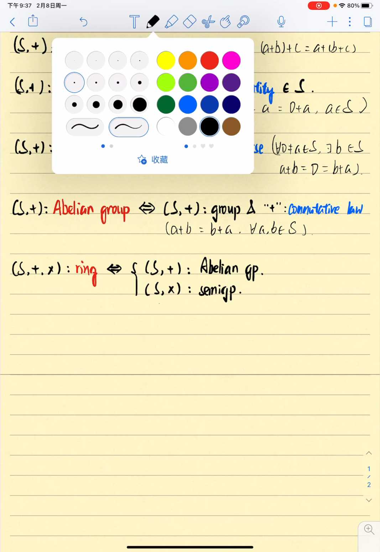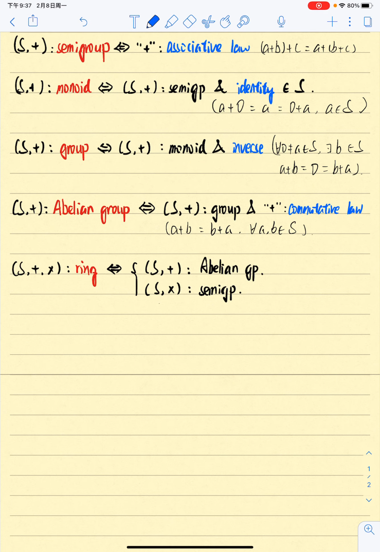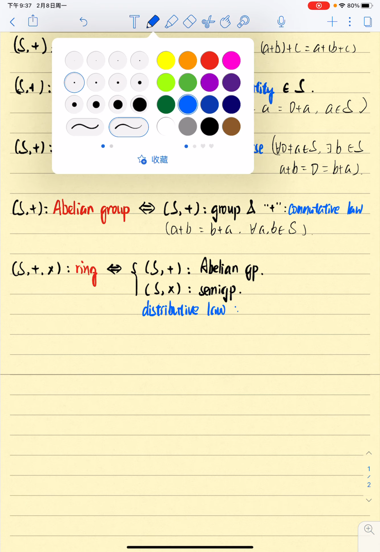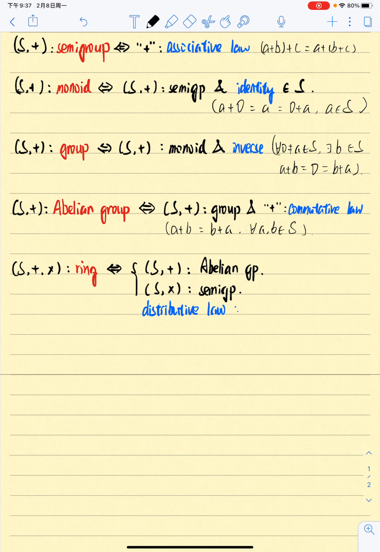Sorry, here we use the blue color. Actually, the distributive law is divided into right distributive and left distributive.